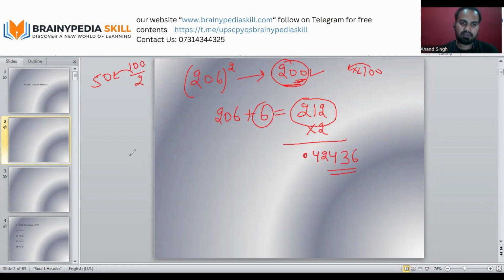Similarly, if I take the number as 304, right? In this case, the base is going to be 300. How much is this number greater? So 4. So 304 plus 4, the number is going to be 308. Up to this particular point, we have to multiply it by 3.